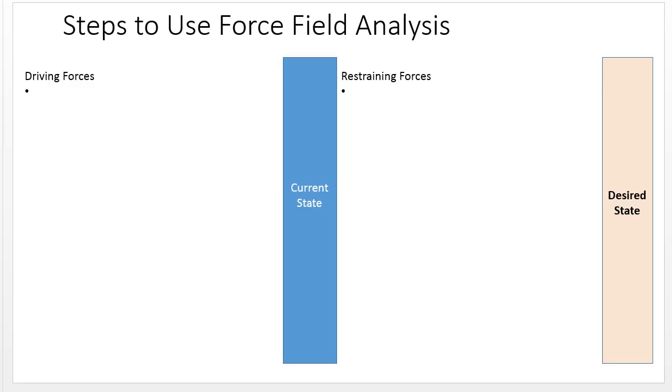So let's define the desired state. You can do this for anything in your life: maybe a better relationship with your spouse, a better relationship with God, increased health, whatever that is. Let's make it simple: the desired state is more income.